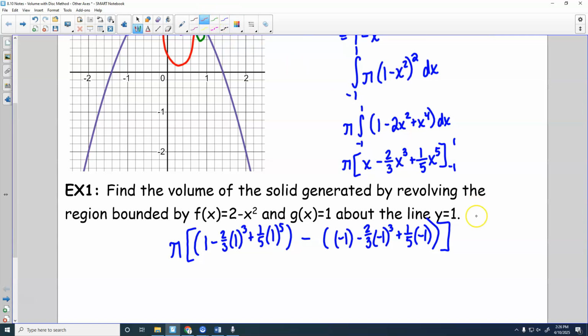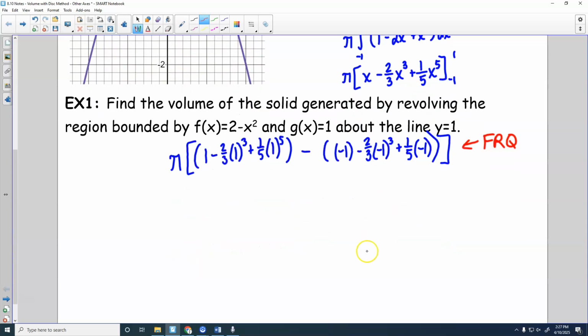And if it is a FRQ question, you can stop here because you have plugged in to evaluate everything. It might not be, so let's go ahead and simplify from here.